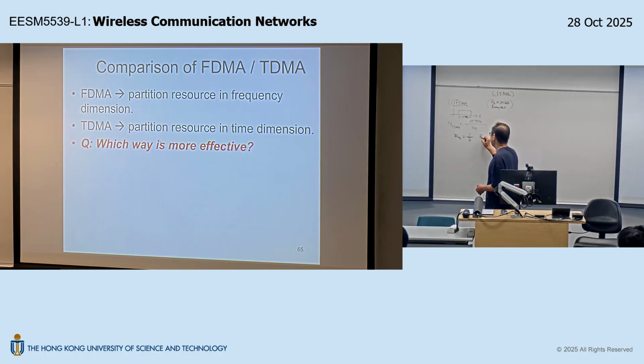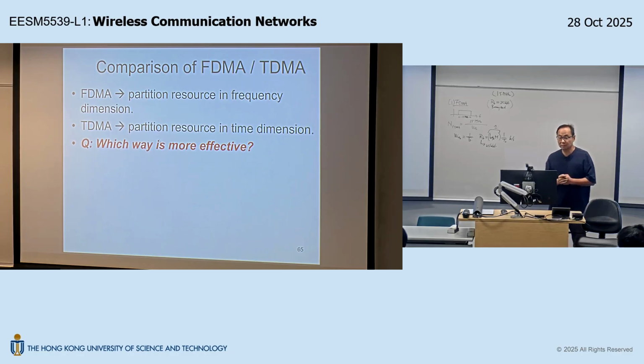And also bit rate is log 2 M times 1 over Ts, right? Bits per second. In this case, we are using binary modulation, so this factor becomes 1, right? And we need this to be 25 kilobit per second. This is the requirement per user, okay?